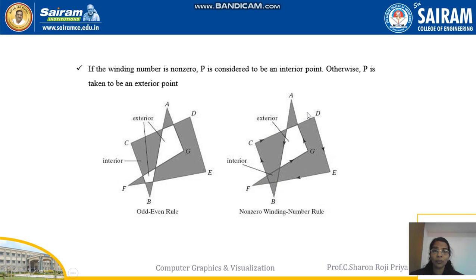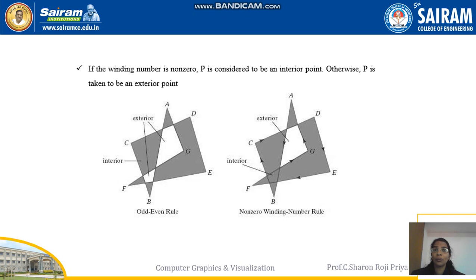I have specified the windings for every edge. And how to calculate this winding is, if the direction is from top to bottom or from right to left, count should be +1. If the direction is from left to right or bottom to top, count is -1.